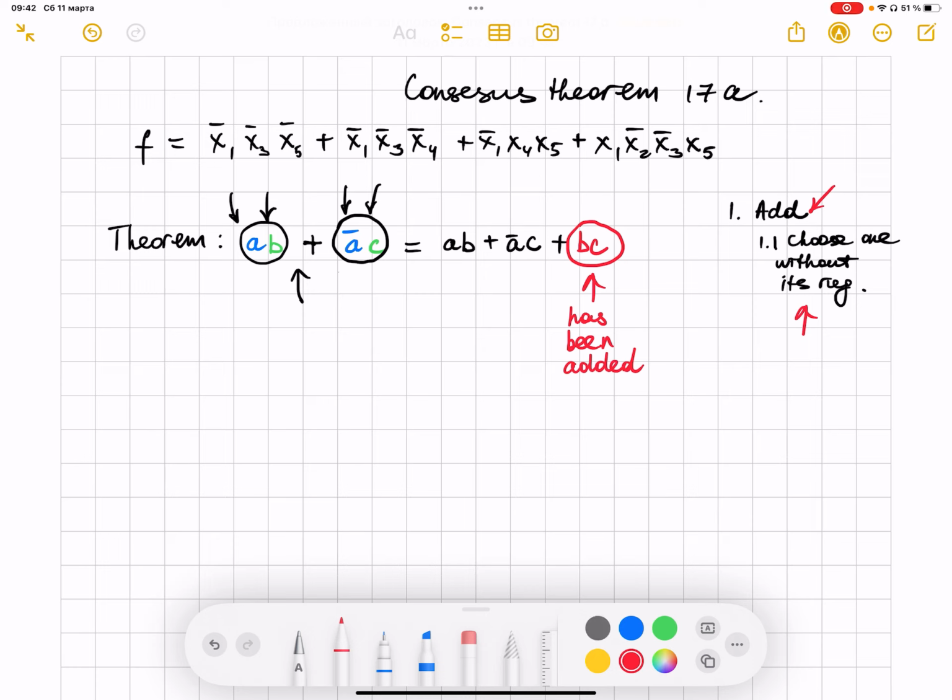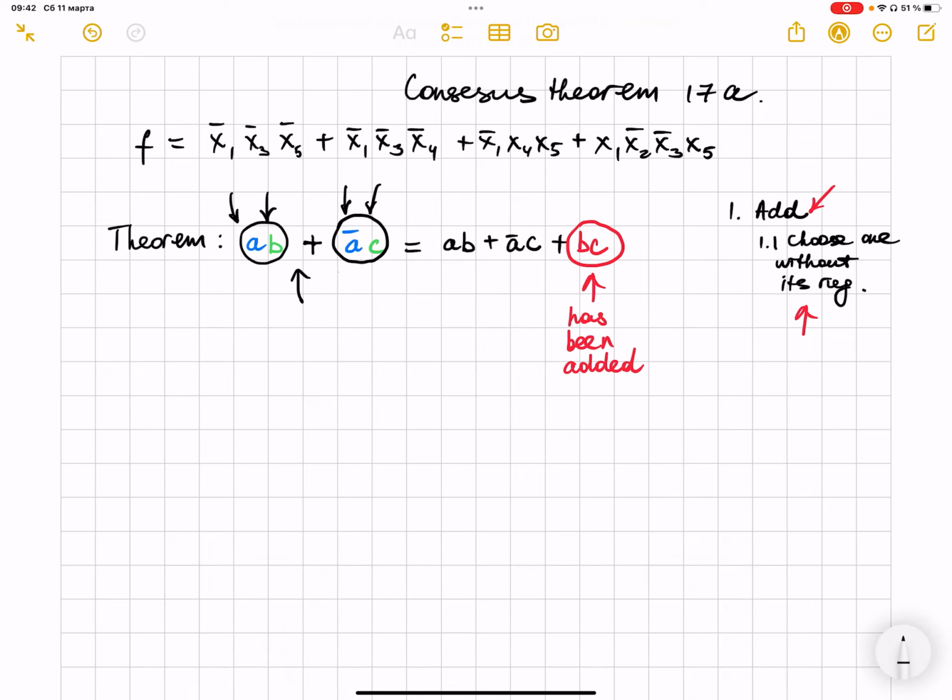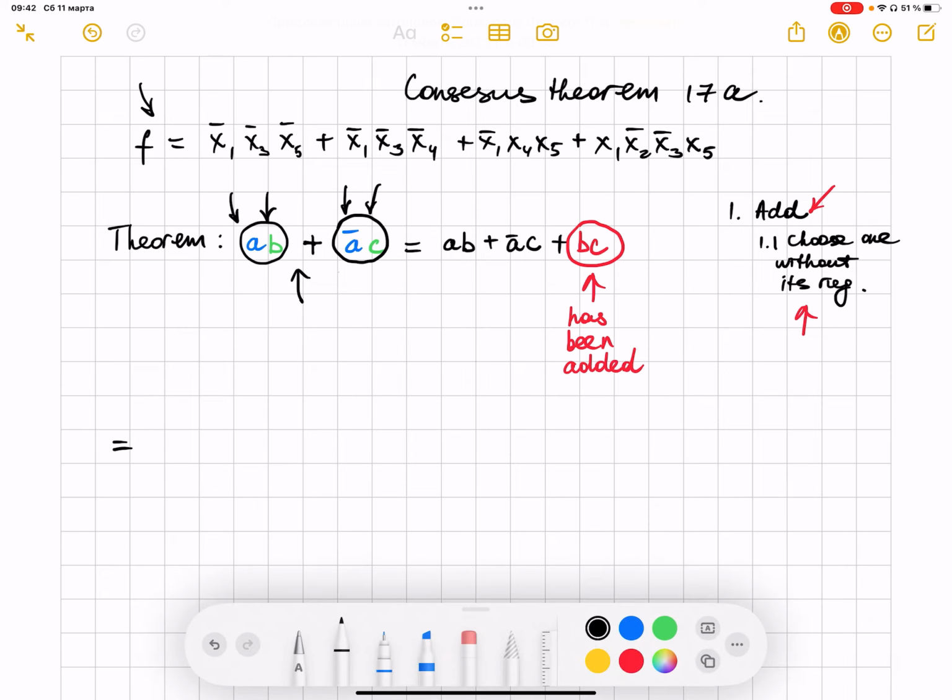So now let's consider this function, and use the consensus theorem during the process of minimizing it, okay? This is homework question 2.2, point 35. So I'm going to begin from here. The very first thing I'm going to do is take this x1 bar out of the bracket, okay?